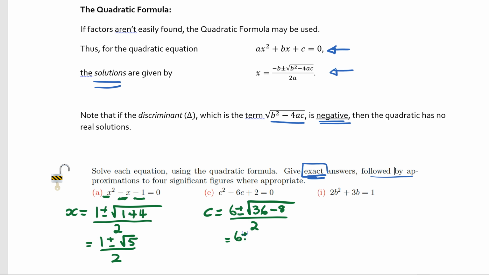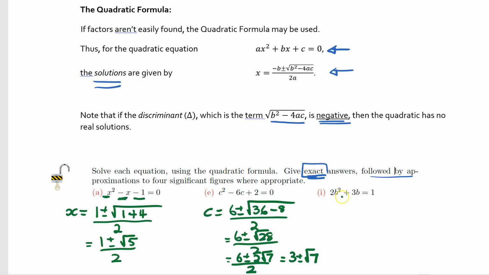So that's 6 plus or minus square root of 28 all over 2. And although we haven't done the third chapter yet, you might remember from junior school that square root of 28 is equal to the square root of 4 times 7. So it is 6 plus or minus 2 root 7 all over 2, which equals, if I take 2 out as a common factor, 3 plus or minus root 7.